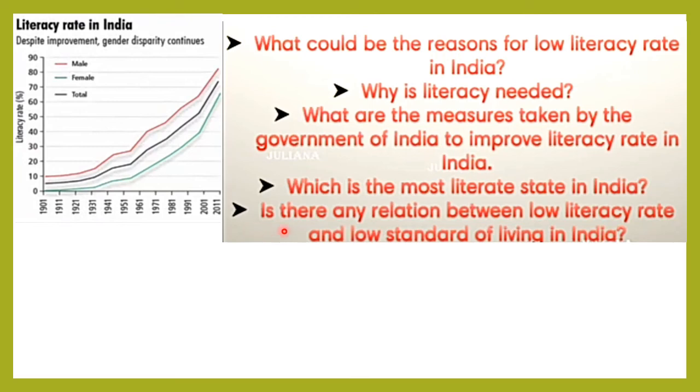The next question, is there any relation between low literacy rate and low standard of living in India? Yes, children, we all know, if you check the literacy rate of cooks and maids working in your homes or in hotels and other places, you will understand that because they did not get any opportunity for education, they are working as laborers, as cooks, as maids, and so on.